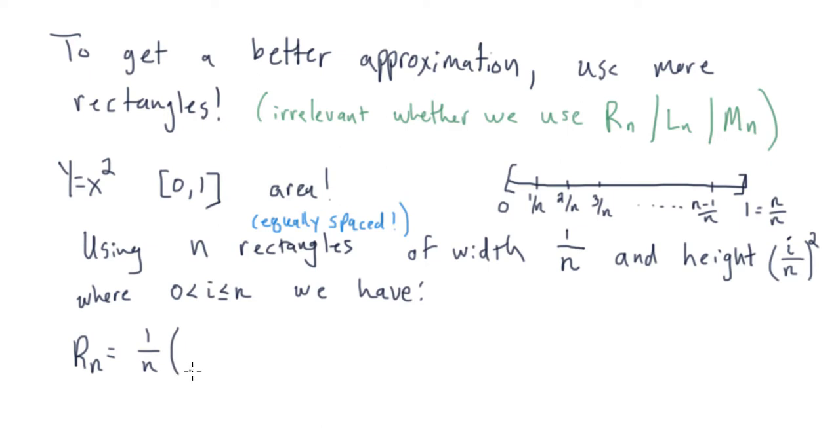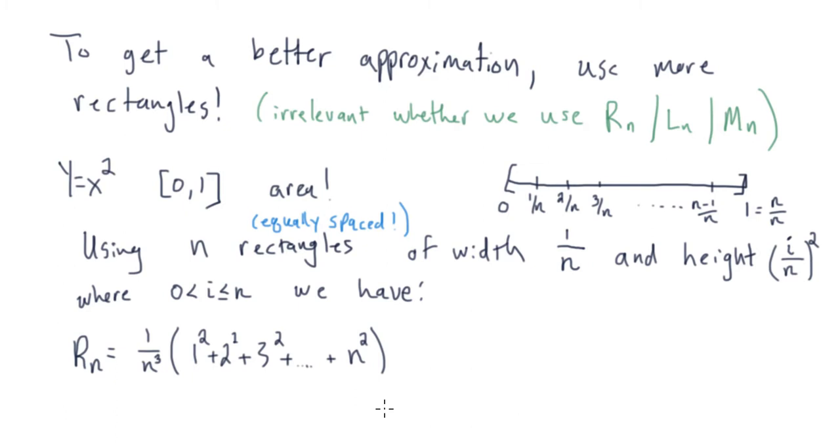And then the height of each rectangle is going to be i squared over n squared, but that means each height has a factor of 1 over n squared, so I can factor that out, so I have 1 over n cubed, and then I just have 1 squared plus 2 squared plus 3 squared plus all the way up to n squared.